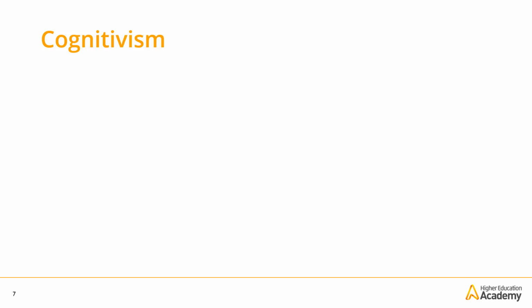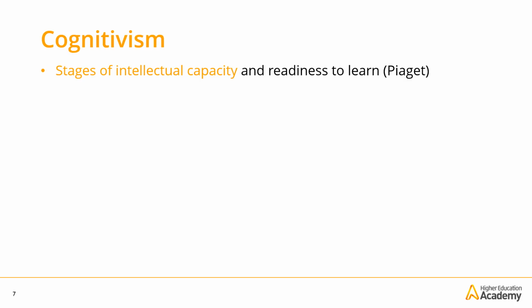Psychologists Piaget and Vygotsky, working at the beginning of the 20th century, developed theories on cognitive development through studies with children. Piaget identified 4 stages of intellectual development, the final stage of which, formal operational thinking, emerges at adolescence through to adulthood.